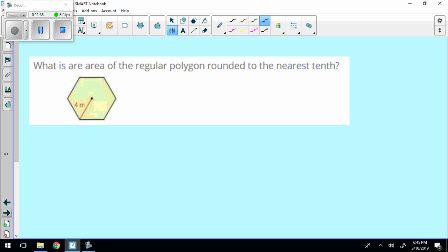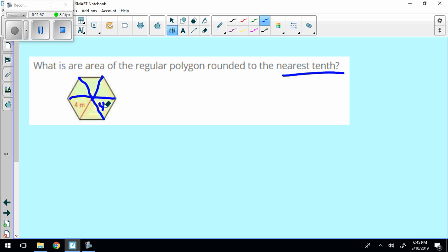And our final question is to find the area of this regular polygon to the nearest tenth, one decimal place. Well, this polygon is going to consist of a total of 6 triangles, all having the same size. These are each 4.